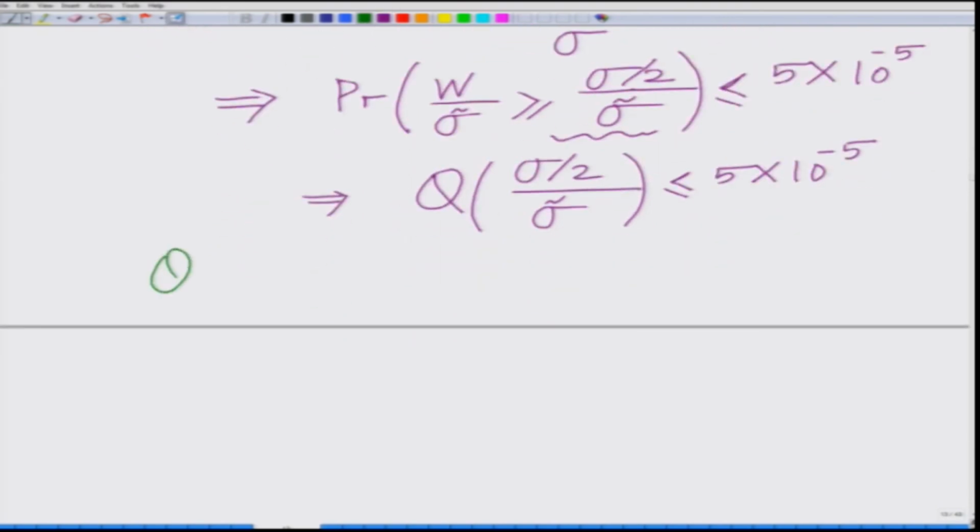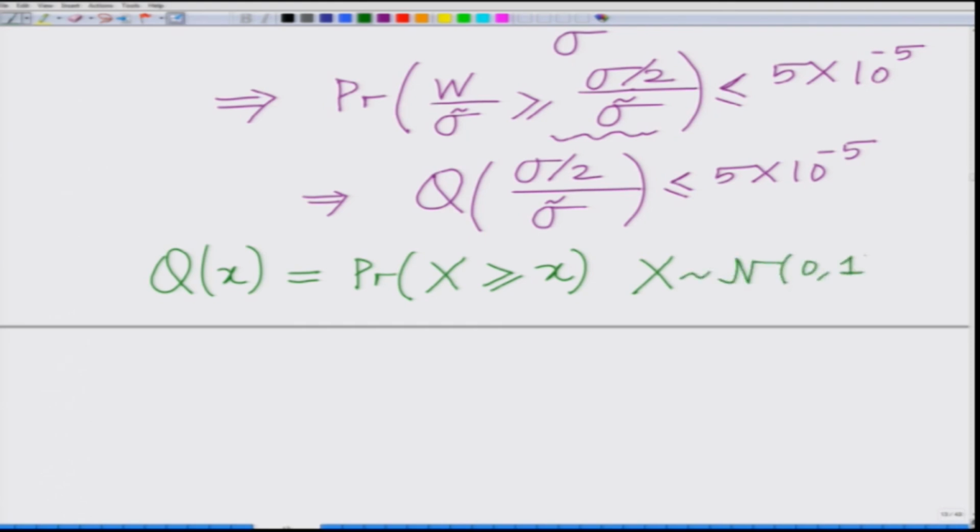Q of x equals the probability that X is greater than or equal to this quantity x, where X is a standard Gaussian random variable, mean 0, variance 1.